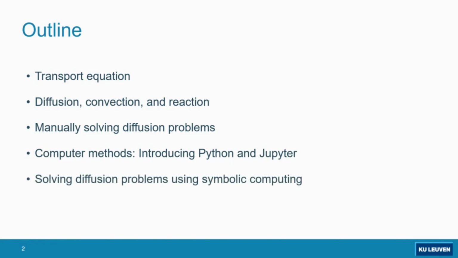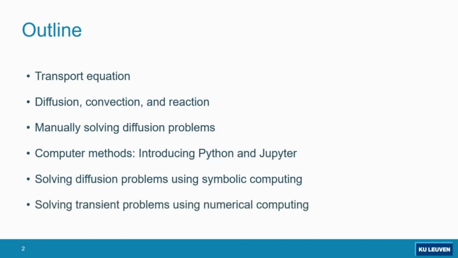And then I will solve the problems that I've solved manually using these tools symbolically. And then we will go on with more difficult problems, for example, non-steady state problems or transient problems. And I will demonstrate the techniques of numerical computing as an extra, which is not part of the course, but it might be interesting for you to see how things go on in real world problems.